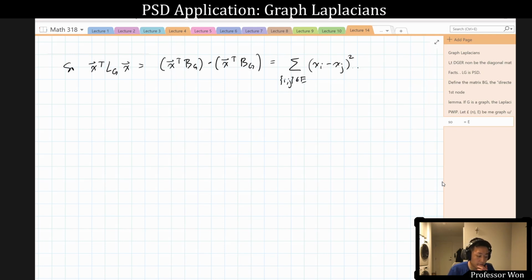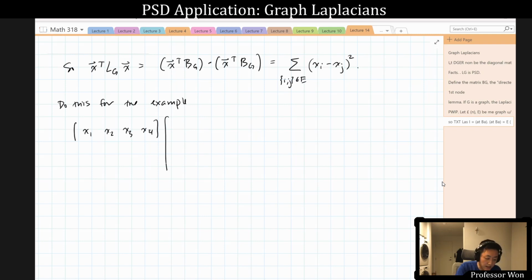Okay, so you should do this in the example. In other words, you should take x1, x2, x3, x4, and then let's take the node edge incidence matrix. That was this one, right?